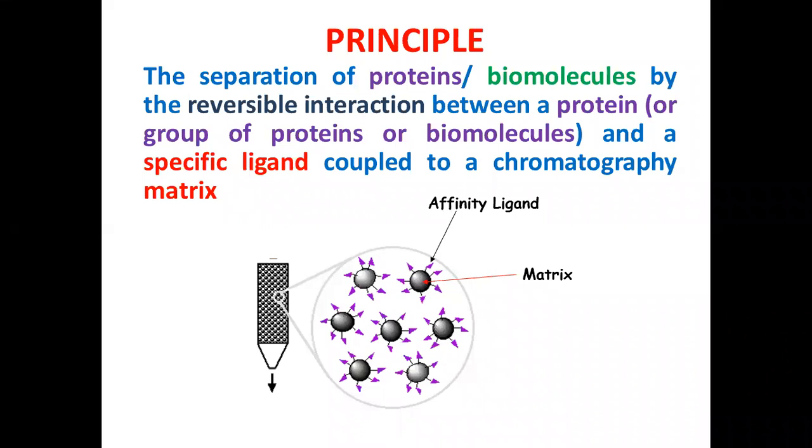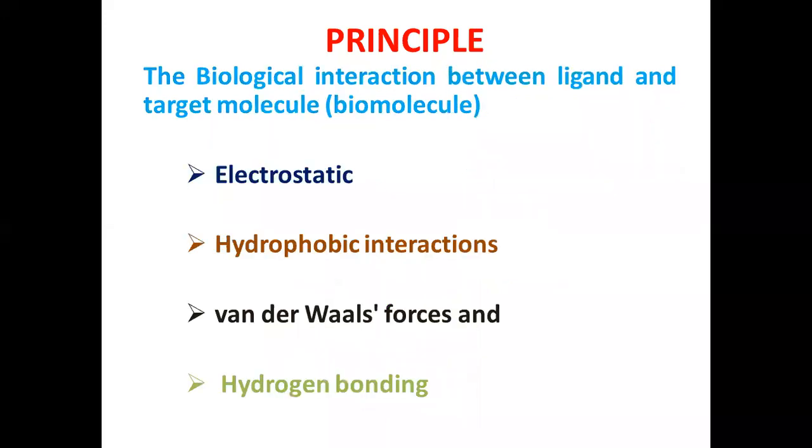So, when you perform the elution process, all the unbound proteins will be eluted first, then weakly bound proteins, then at last strongly bound proteins. So, this technique is used for the separation of proteins or biomolecules, and the separation order depends upon the relative affinity of the proteins for the selective interaction with the ligands.